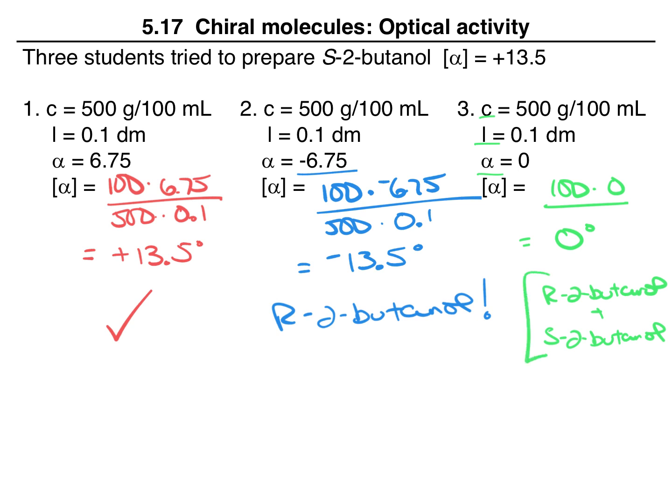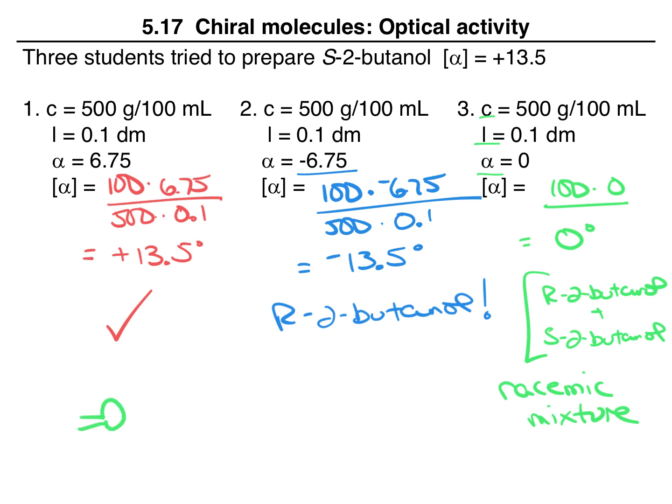When you have an equal mixture of a pair of enantiomers, this is called a racemic mixture. So a mixture that has an equal amount of a pair of enantiomers is a racemic mixture, and it will have an optical activity of 0.